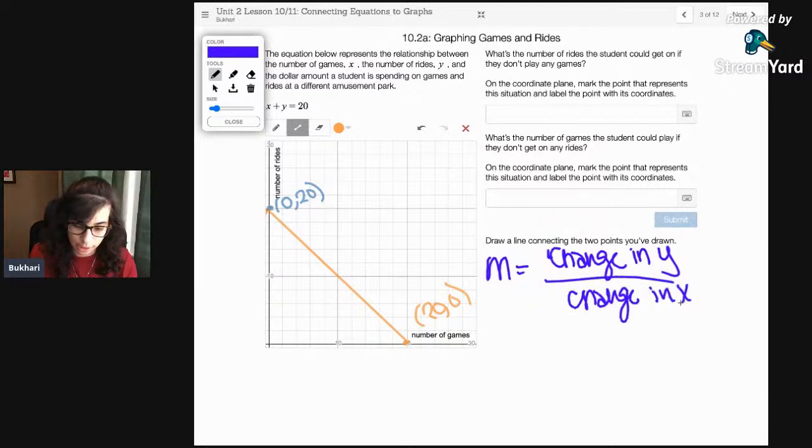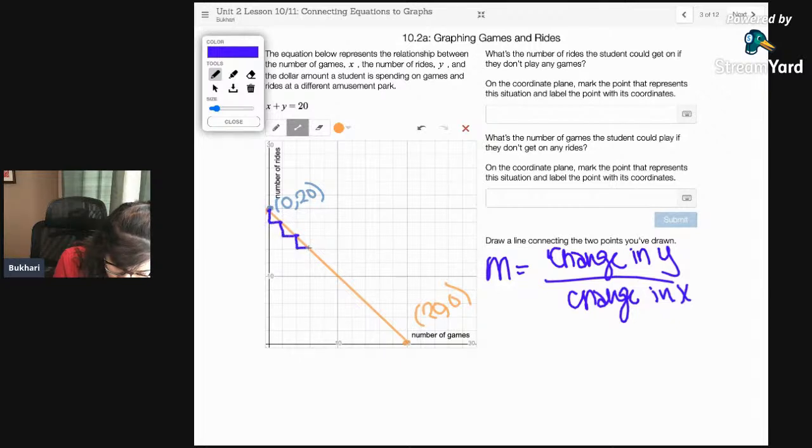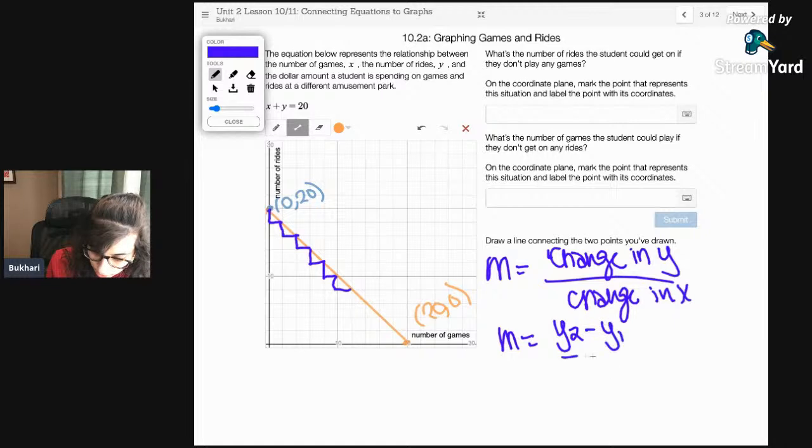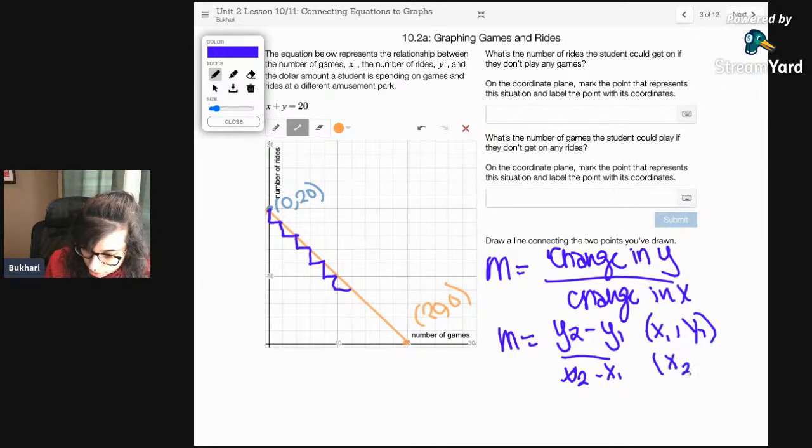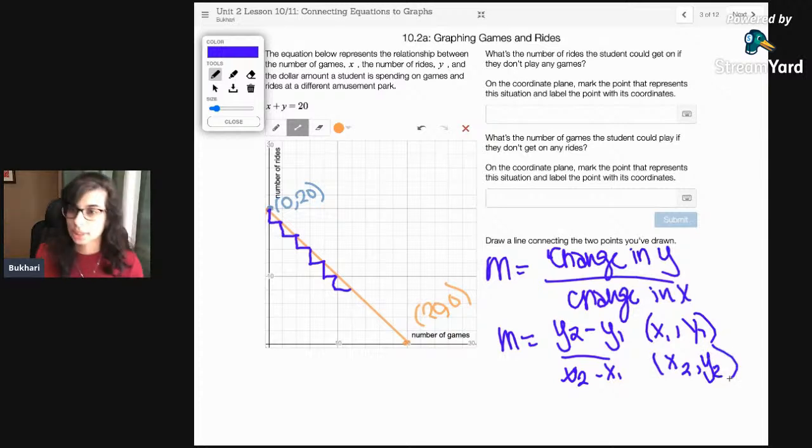Right, so I notice that each time I go to a different point, I am decreasing by 1. Right, I'm decreasing by 1. And so the formula that you may have been familiar with was y2 minus y1 over x2 minus x1. x1 and y1 are 2 points, x2 and y2 are 2 points that are on the graph.